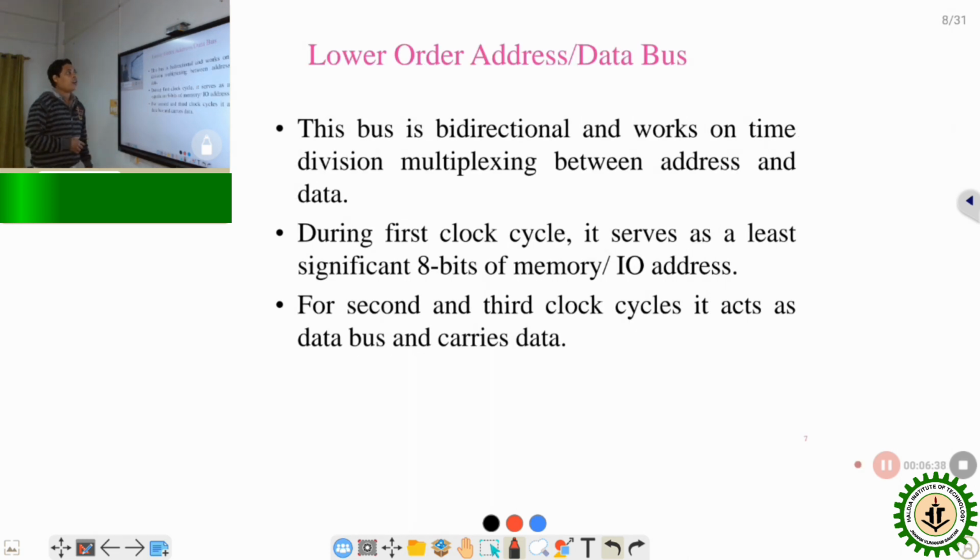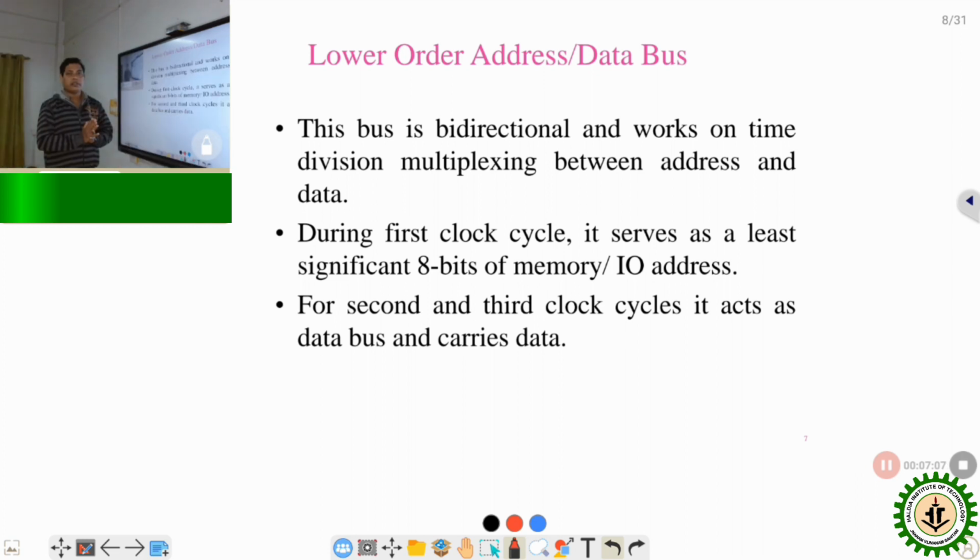In case of the lower order address data bus, this bus is bidirectional and works on a time division multiplexing basis between address and data. For communicating the data with the memory element, it requires mostly three states.